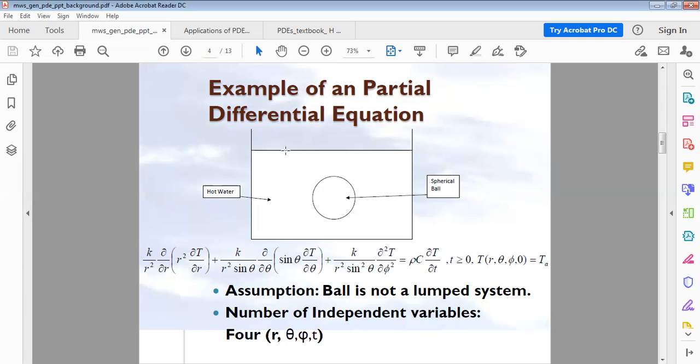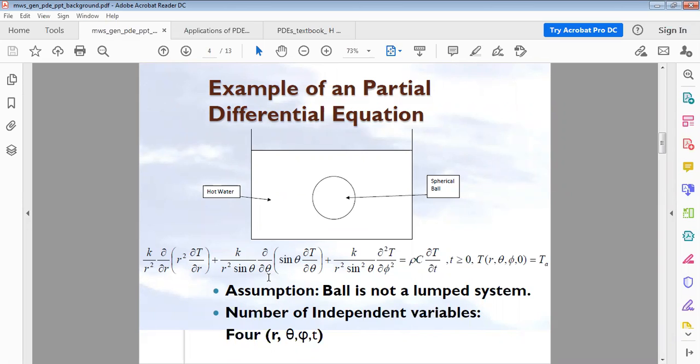This is hot water in a tank and a spherical ball. The condition of this ball, that means the movement of this ball in hot water, can be determined by partial differential equations.